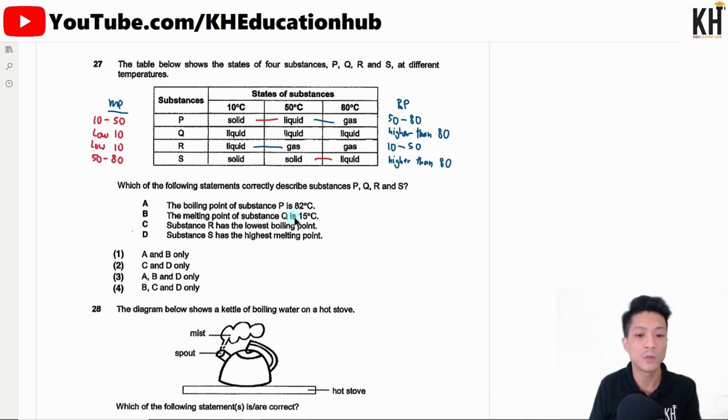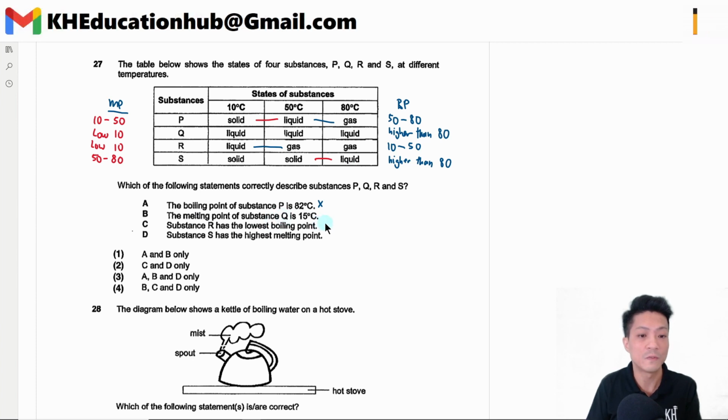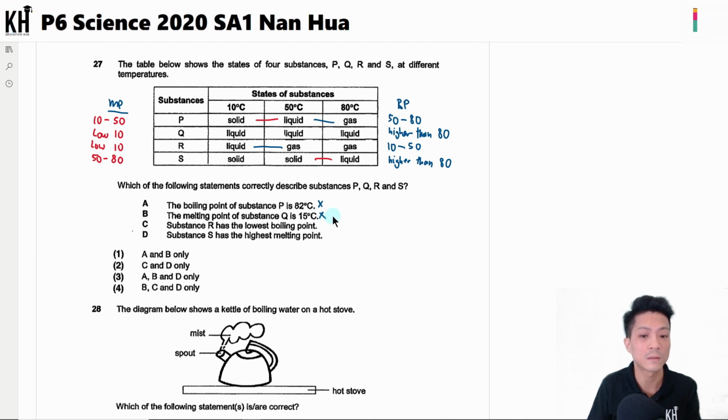For A, the boiling point of substance P is 82. No, definitely not, because it's anywhere between 50 and 80. Melting point of substance Q is 15. Also wrong, because it's lower than 10. Substance R has the lowest boiling point.